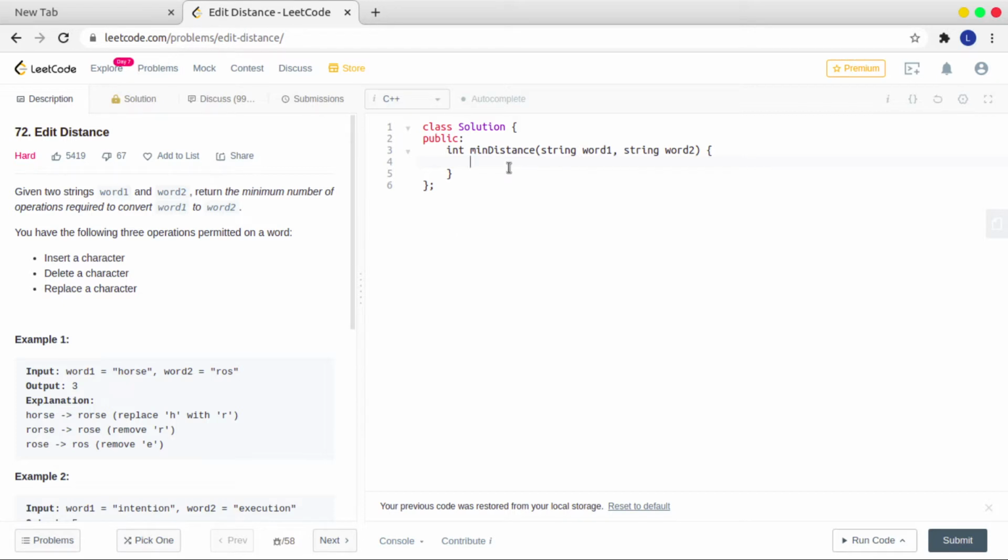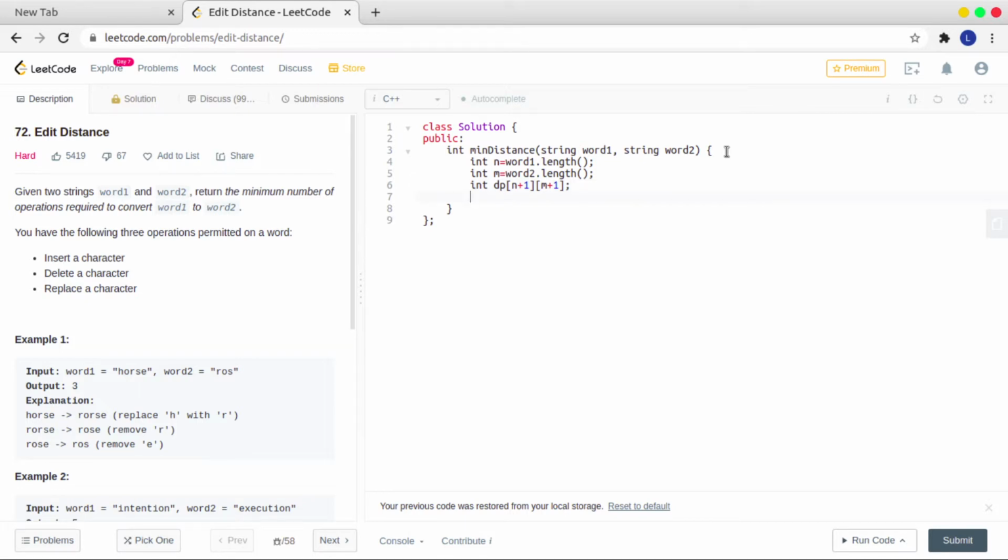Since I am going to solve this question in tabular form, I will create a table, and the size of the table will be length of word 1 plus 1. N will store the length of word 1, and similarly M will store the length of word 2, and the size of my table will be n plus 1 by m plus 1.